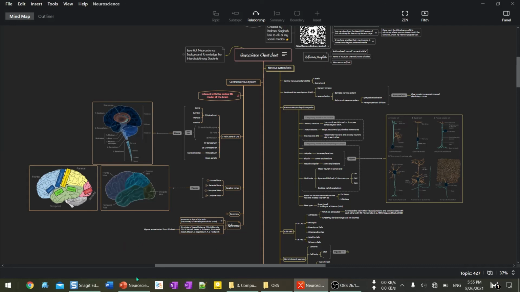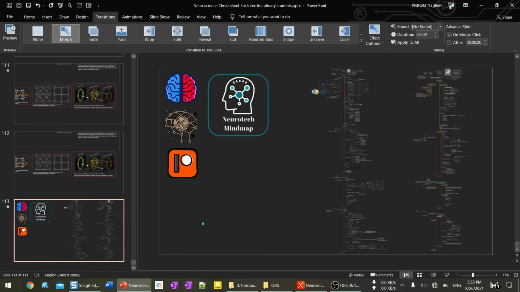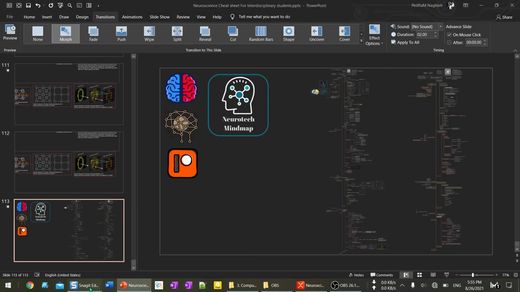After you export these figures, you cannot just copy and paste them here, because if you do, the resolution will be screwed. So you have to open them with Snagit, then copy them from Snagit.